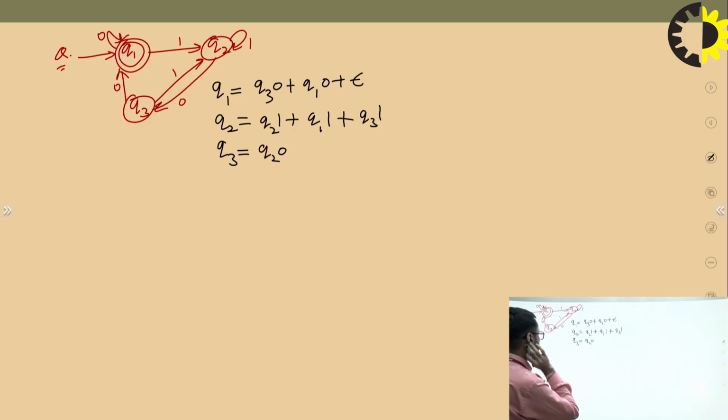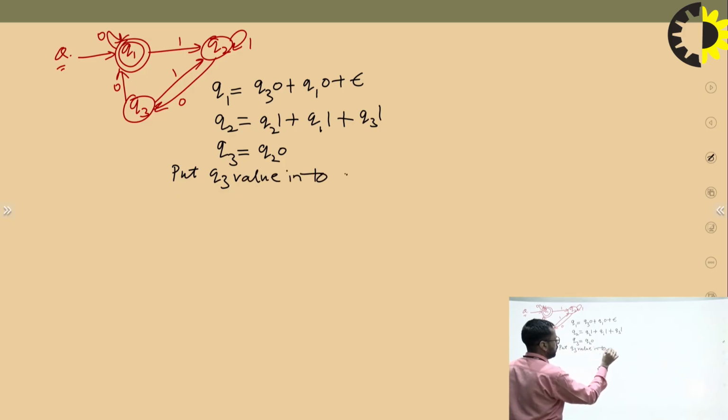So we will place this Q3 value in these equations. The objective of these questions is to calculate the regular expression of the model, and the resultant will be expressed in terms of Q1, because Q1 contains the final state. So put the Q3 value into Q2, or equation number 1.